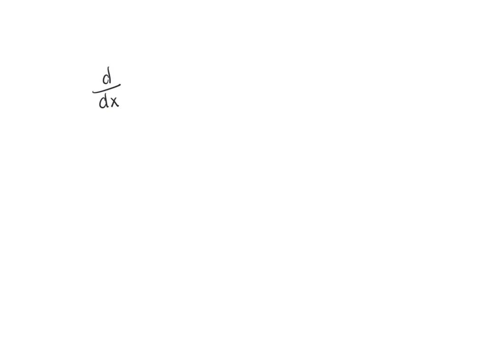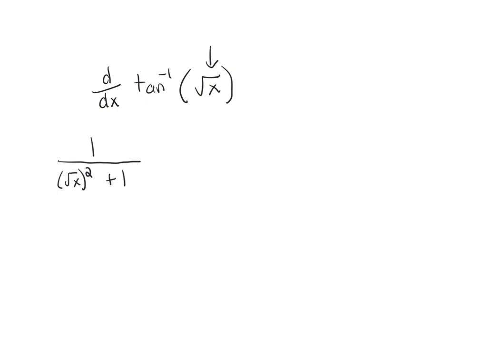Okay, so now taking the derivative of the inverse tangent of square root of x. So same idea, using the formula and then chain rule. So let's do 1 over, we're going to plug this in for x, so (square root of x) squared plus 1.